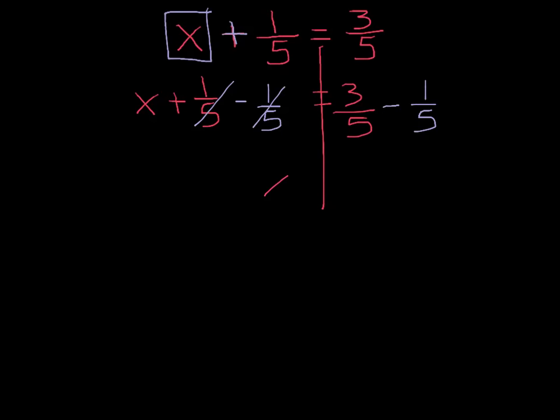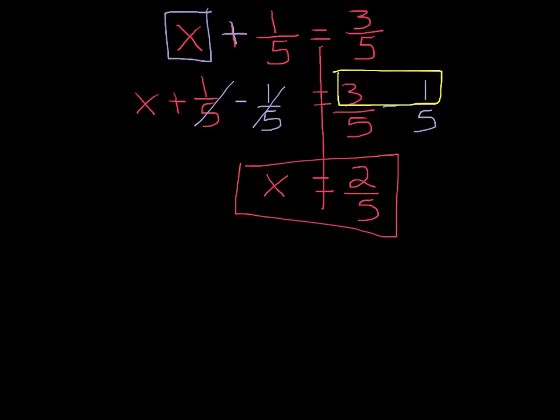So x is left over on the left, and that equals, same denominator, so I just have to combine my numerators. 3 minus 1 is 2. Keep the denominator, so it's 2/5. And if you check your answer, this makes perfect sense, that 2/5 plus 1/5 is 3/5. So it checks.